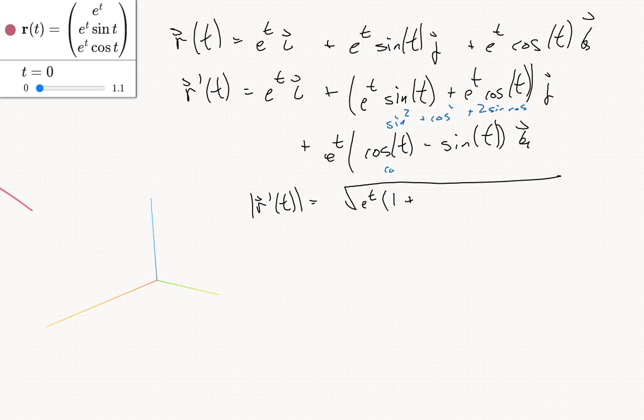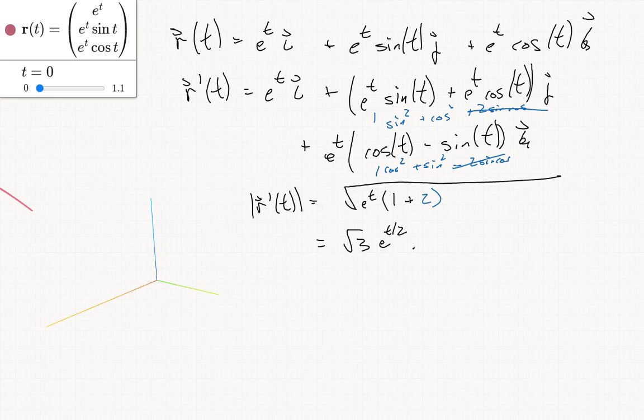And here we'll get sine squared plus cos squared minus 2 sine cos. So these will cancel out. These will become 1 and 1. So the length at any point in time will just be root 3 e to the t.